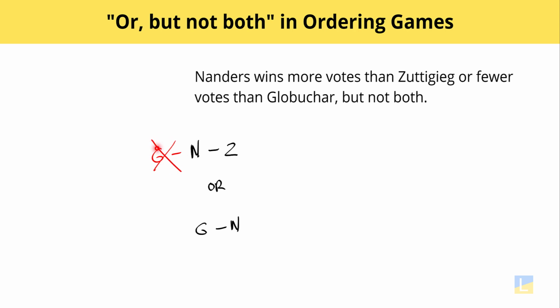I'm only doing that to help you visualize it, but ideally you'll be practiced enough at this kind of rule to just do this in your head, although there's nothing wrong with writing it out. So if this is a game where you can't have 2 candidates getting the same number of votes, then what's the relationship between K and N if the K is not going to get more votes than the N? Well, that means, of course, it's going to get fewer votes than the N.